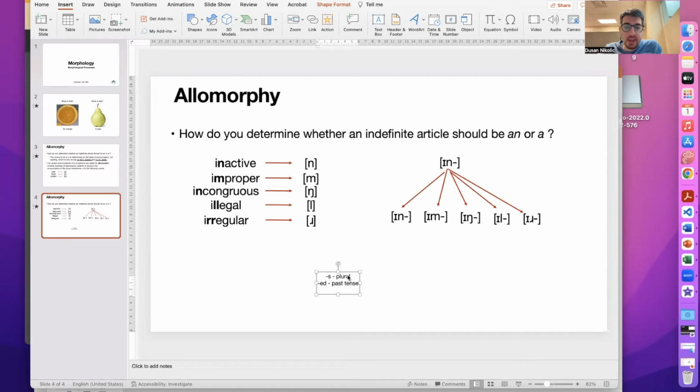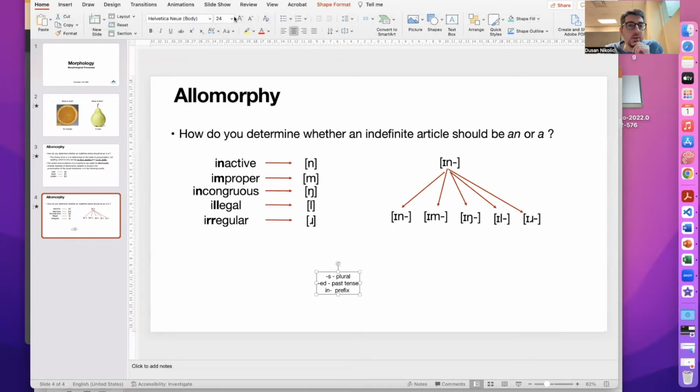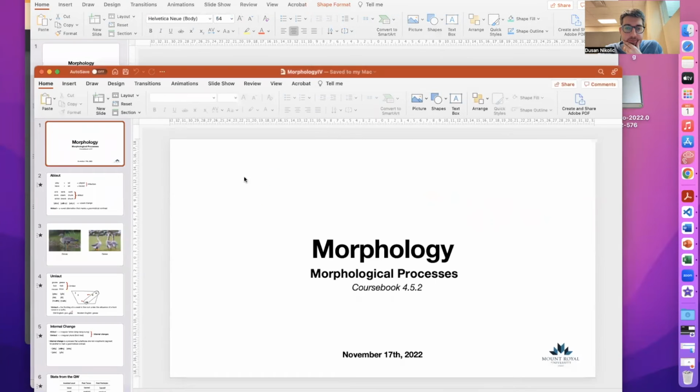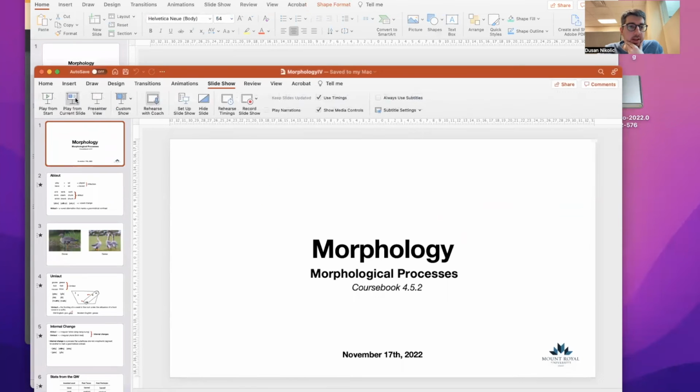Then in, which is a prefix. Be aware of those. I think those are the main allomorphs. Make sure to know that these all have different allomorphs.